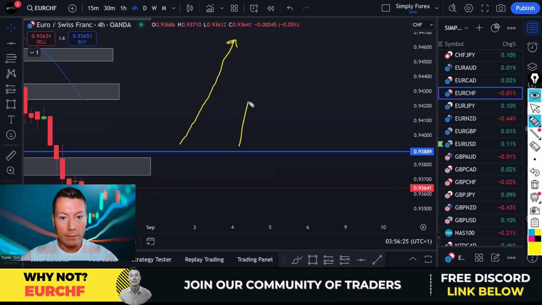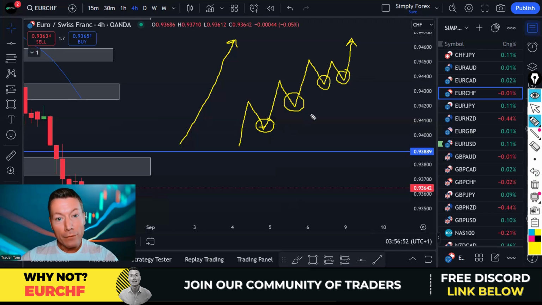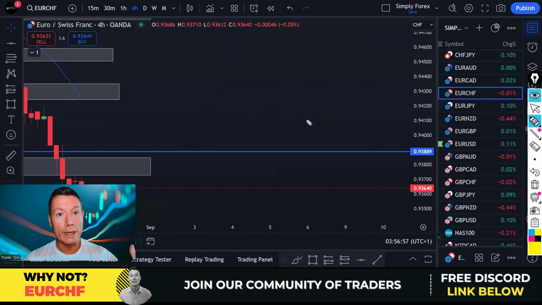But when you get a chart that looks like this, and most of them do look like this, even if it messes around a bit, this is a lot easier to trade, because you know in here, I'm not saying you're going to pick the bottom, but somewhere in here you know you're getting value. So aim for value when you take the trade. And that's the difference between why I take a trade and why I don't.